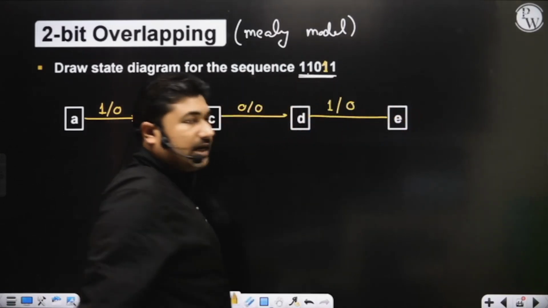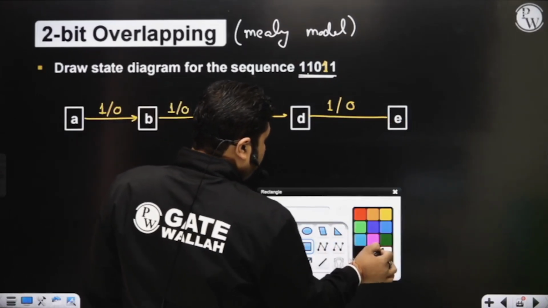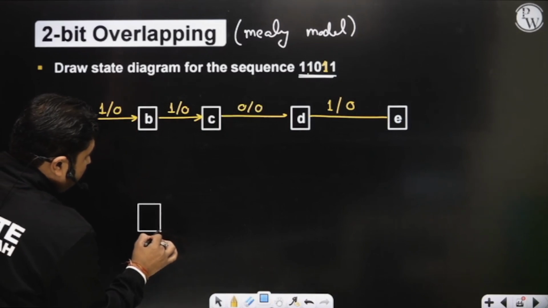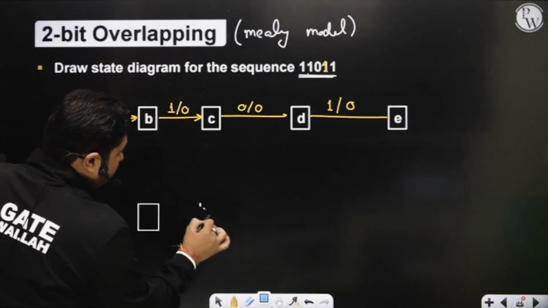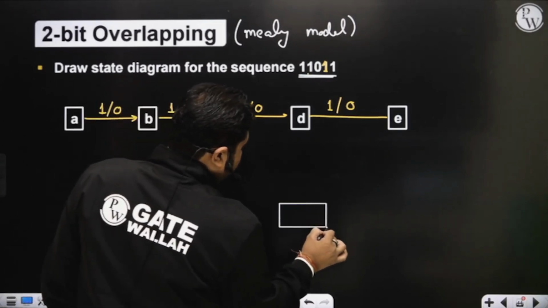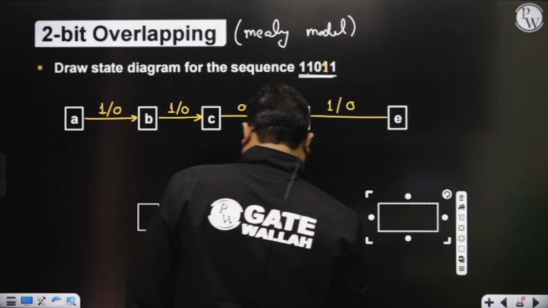Now up to this part is okay, sir. Again, in order to understand overlapping, I am showing you the 1-bit state, then the 3-bit state, and the 4-bit state.